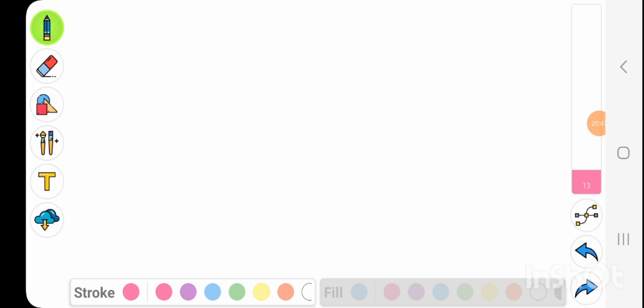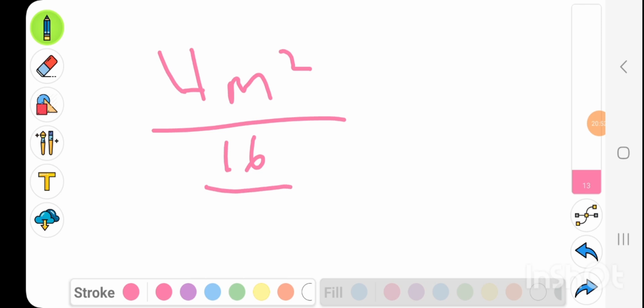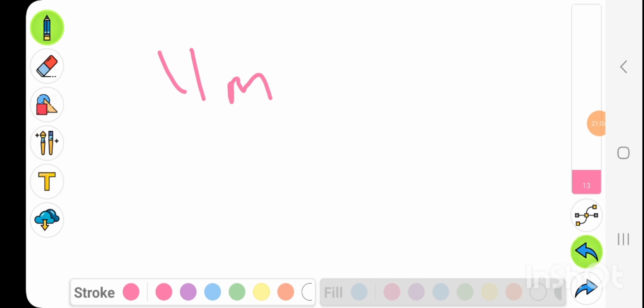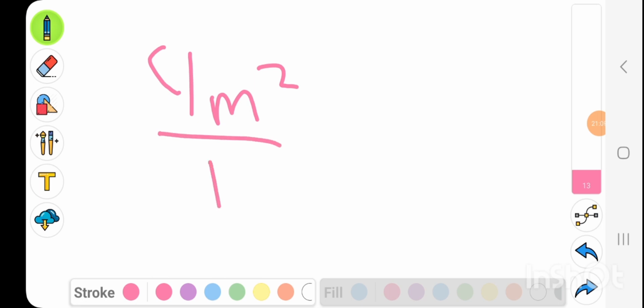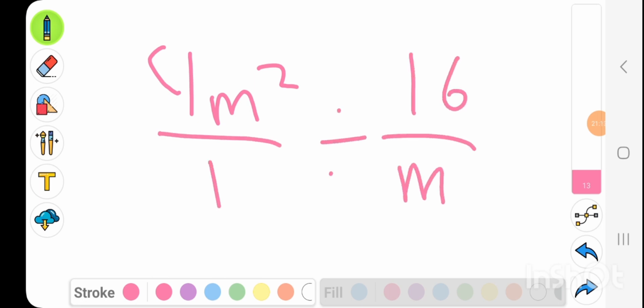So, it's just 4m squared divided by 16 over m squared. Yeah, we're done. No, we're not. We're not done, because 16 over m squared is a fraction, we cannot leave it like that. We need to sort this out. So, 4m squared over 1, and it has to be divided by 16 over m squared.